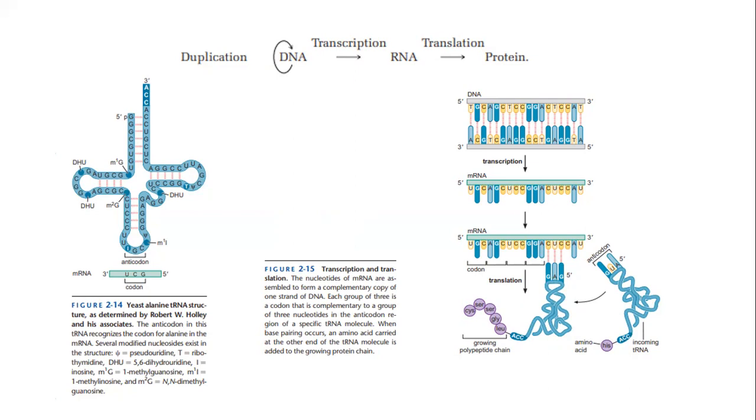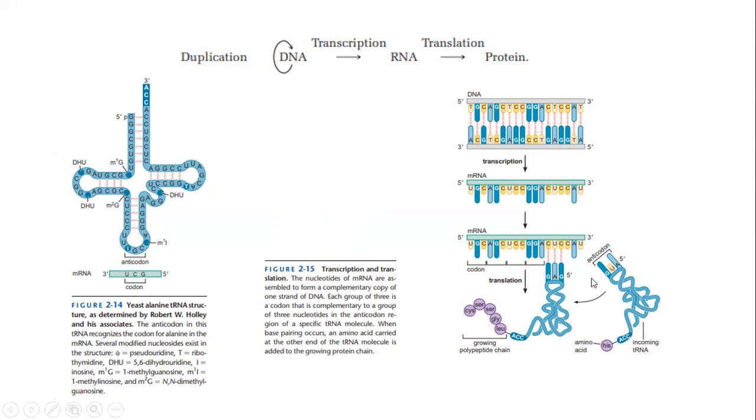The tRNA accounts for approximately 10% of cellular RNA. So, according to the radioactively labeled experiments, the adaptor molecules are RNA, and they gave the name tRNA, or transfer RNA, to that particular molecule.